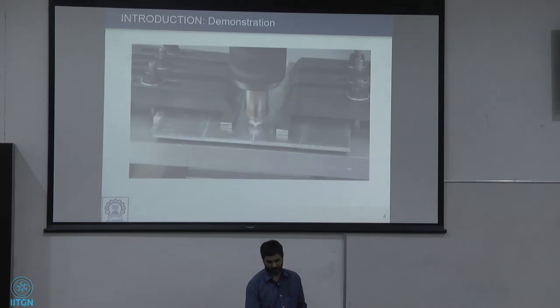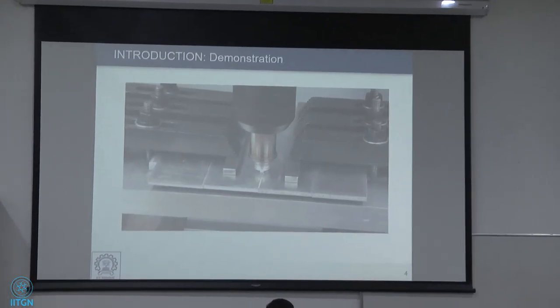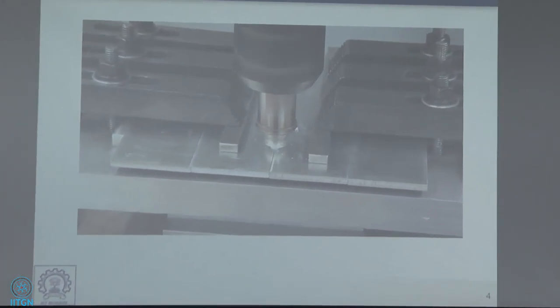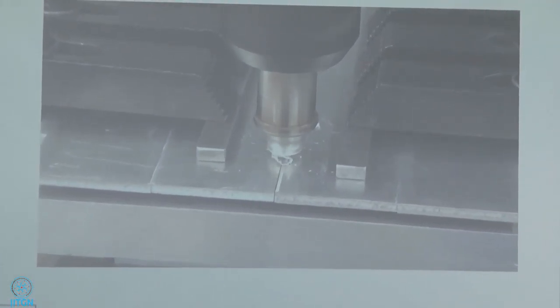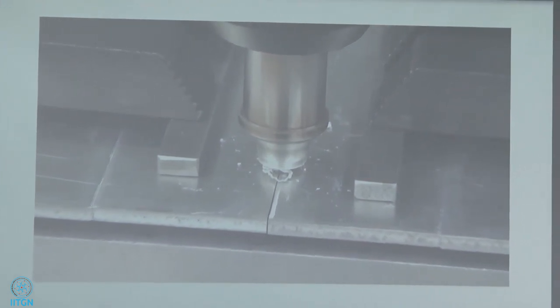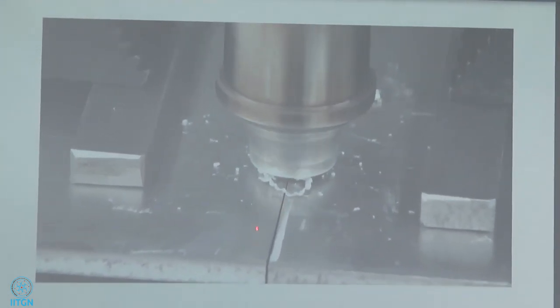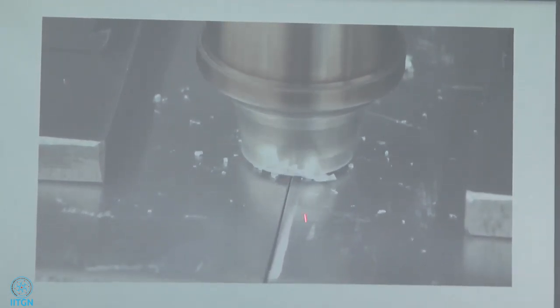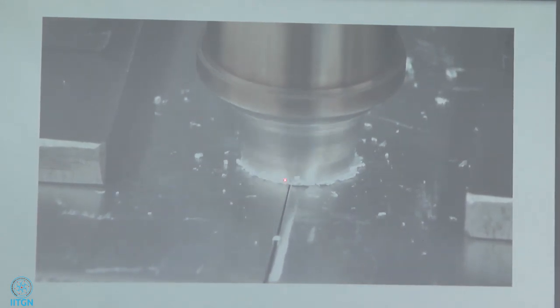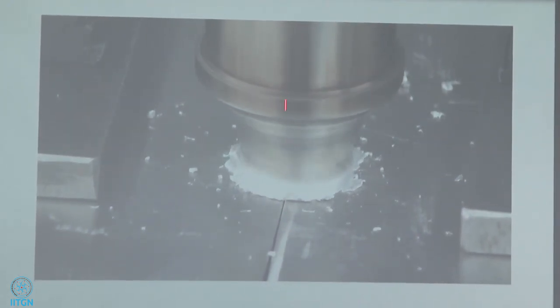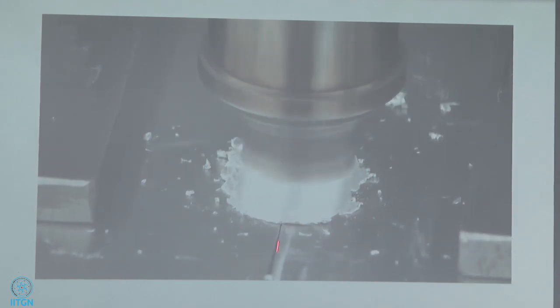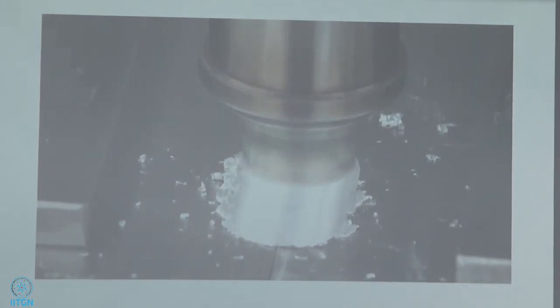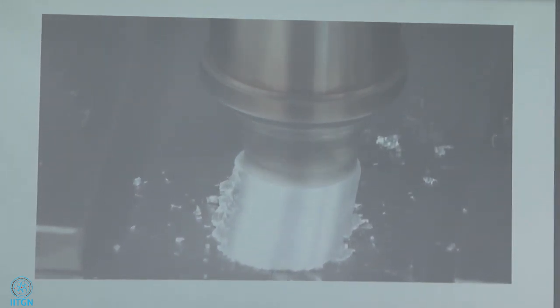I will quickly show a video and I hope it runs here. So here we see a non-consumable tool which is rotating at a certain RPM and is plunging into the workpiece. There are two workpieces, aluminum plates. The tool is going to plunge till a desired depth is achieved and then it starts moving along the seam in the travel direction. A lot of you would have seen a similar process.